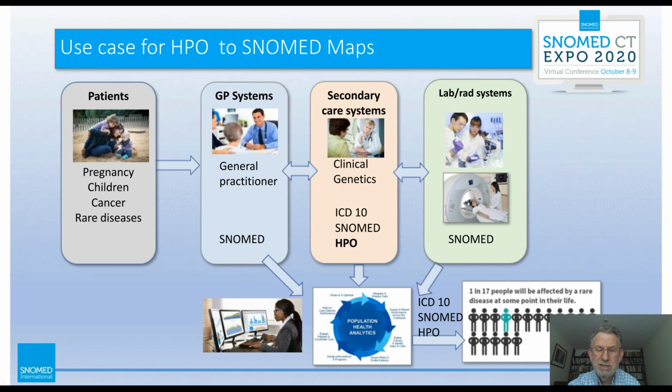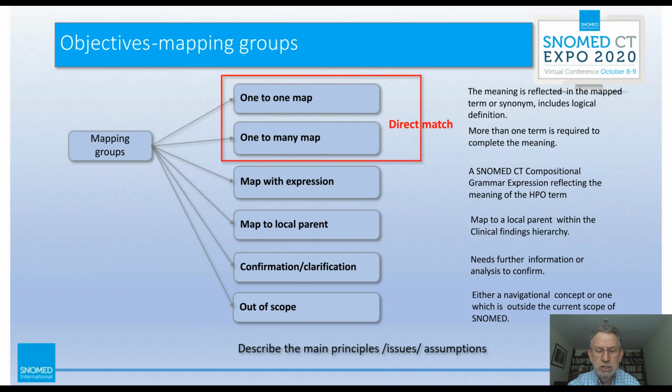HPO might be used by the geneticists and in the lab and radiology systems. And again, where the data is coordinated and analyzed across the patient journey, they'll be used to identify patients with rare diseases. So the use case for this mapping is really anywhere where HPO and SNOMED are used together in this patient journey.